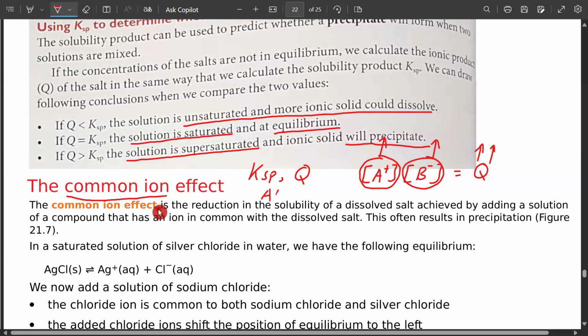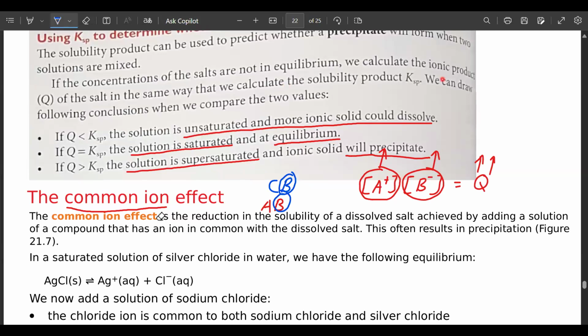If you have a sparingly soluble compound AB and then you additionally add another compound, let's suppose I write that compound as CB, you are adding externally another compound that contains the same B ion. So what will happen? The concentration of B negative will increase, isn't it? Sir, can you repeat?